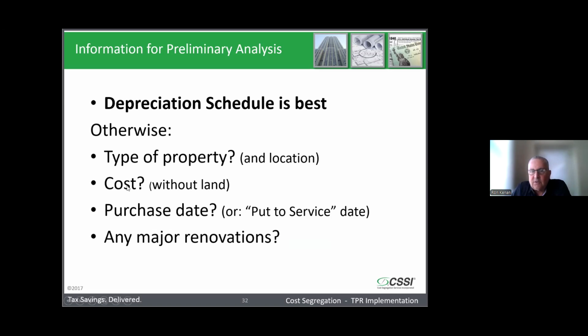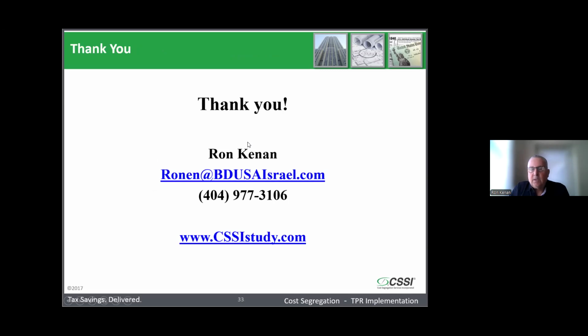So if you give me the property address, cost, and purchase date, we will give you a good estimate on how much you can save. Okay? So that is basically it.